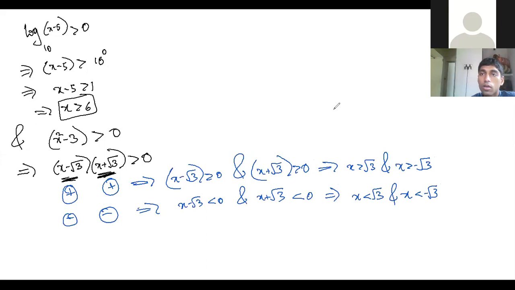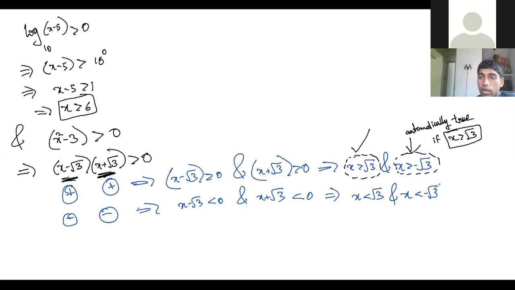Okay. Now you see, what does this mean? If you observe this carefully, x is greater than root 3 and x is greater than minus root 3. If I say x is greater than root 3, then I don't have to say this. This is automatically true if x is greater than root 3.